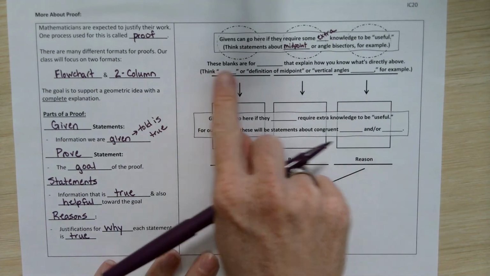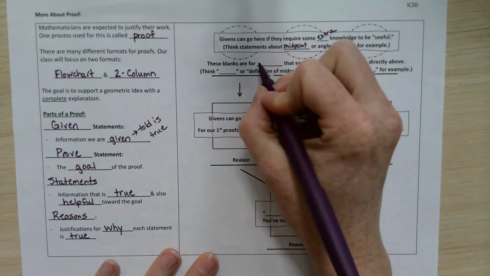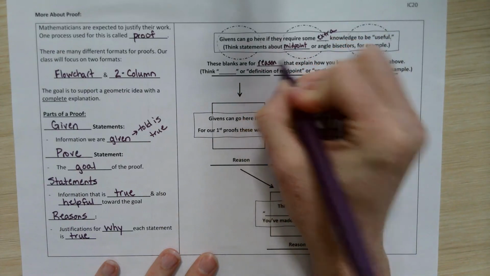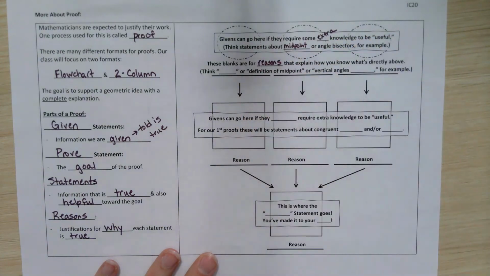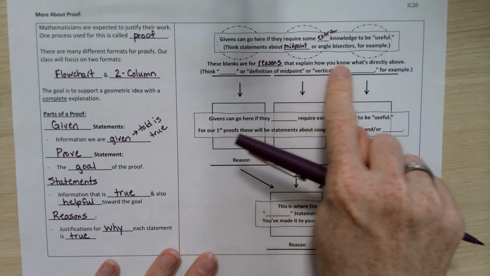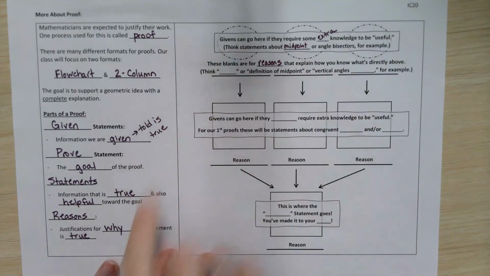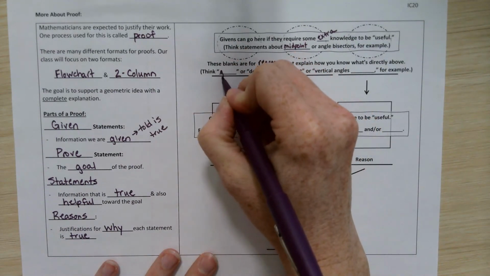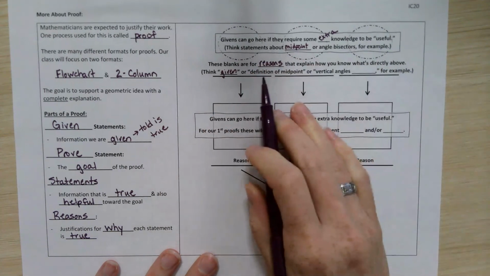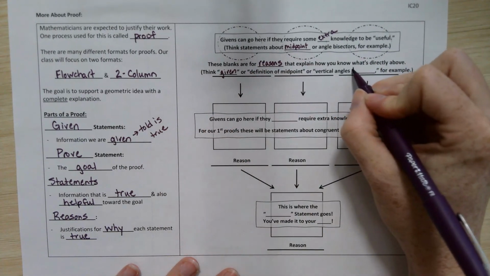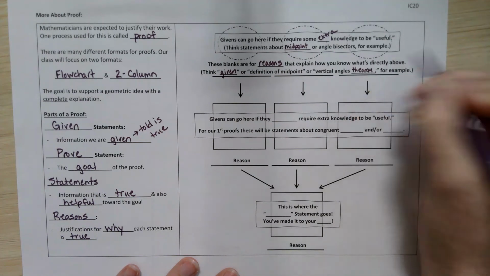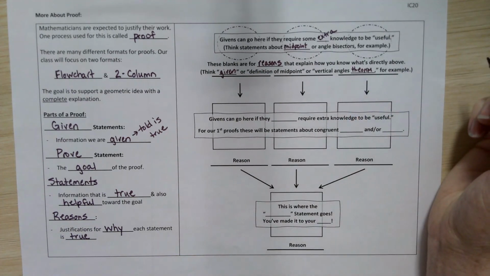So right underneath here would be reasons. Okay, so these blanks are for the reasons that explain how you know what's right above. So that could be given, or it could be definition of midpoint, or it could be vertical angles theorem. There's lots of options for your reasons.